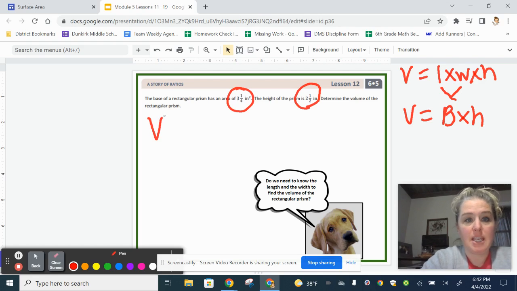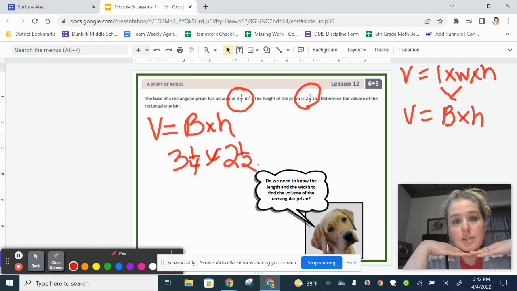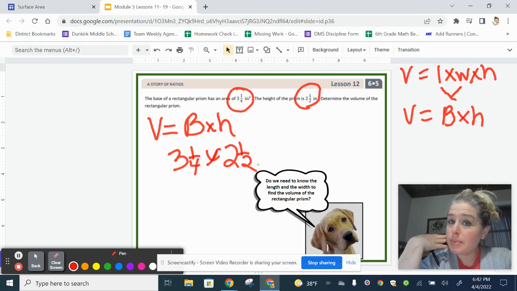So I want you to make sure you write this down: volume equals area of the base times height, which is 3 1/4, that's the base area, times the height, which is 2 1/2. Now, of course, as normal, we are not going to multiply these like this. Change it to what?